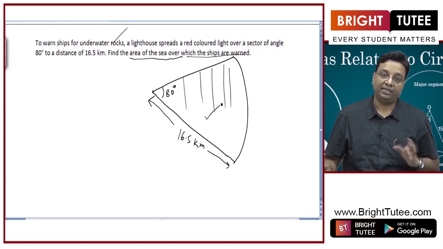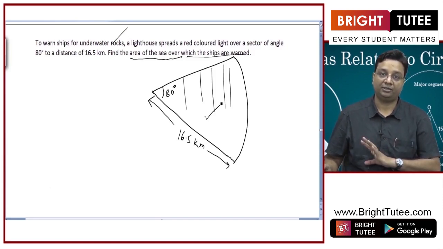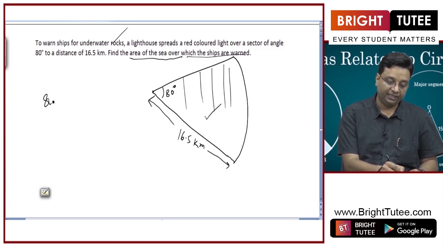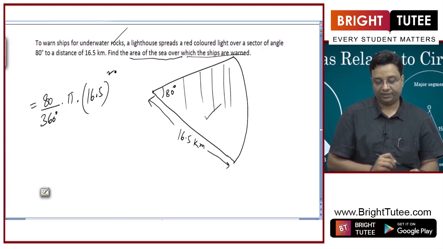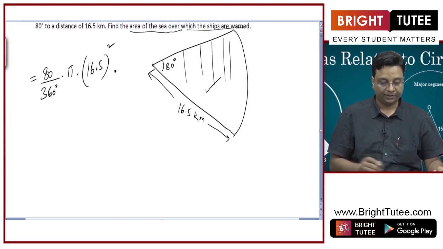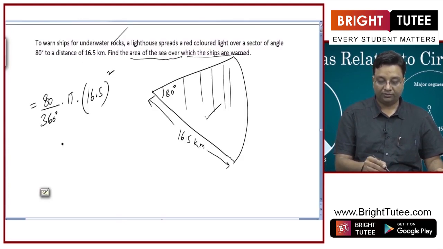You need to know the area of a sector is theta by 360 pi r square. So theta here is 80 degree. So 80 by 360 pi, what is r? R is 16.5, and square, right? And the unit of this area will be kilometer square, right?